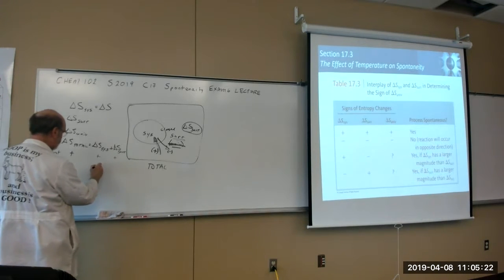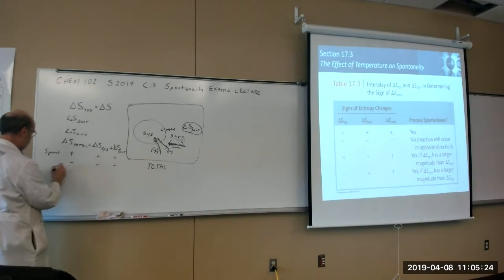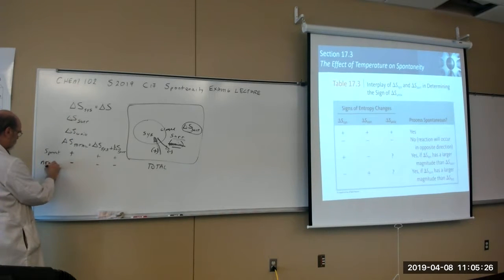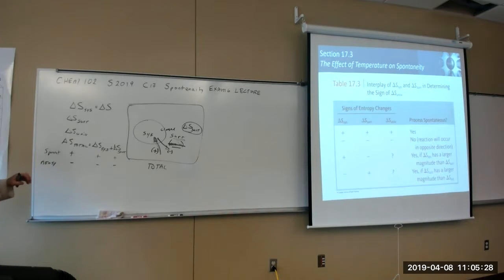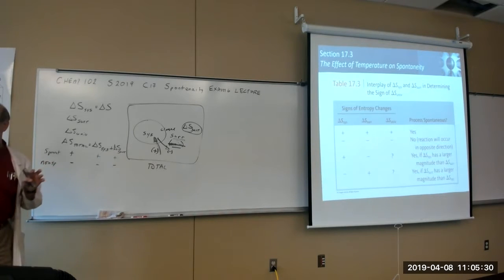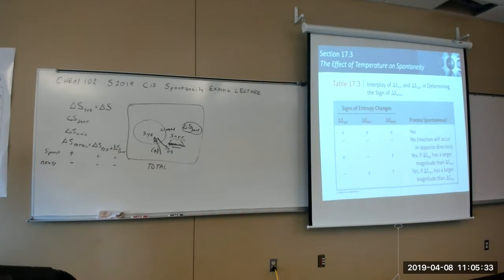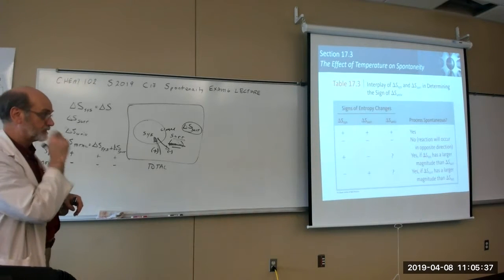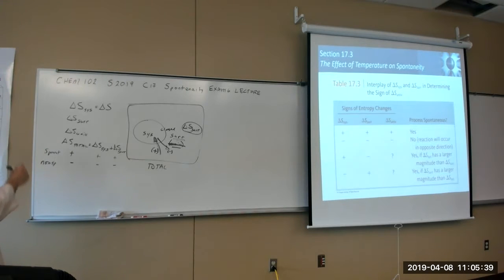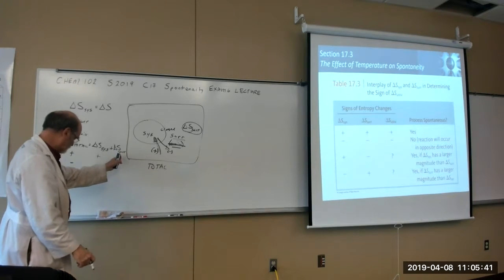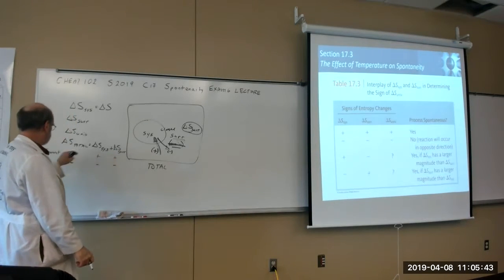If these are both negative, then the total is negative and it's non-spontaneous. Those are two situations where we can definitely say spontaneous versus non-spontaneous. If the entropy of the system is positive and the entropy of the surroundings is positive, then the total is positive and it's spontaneous.